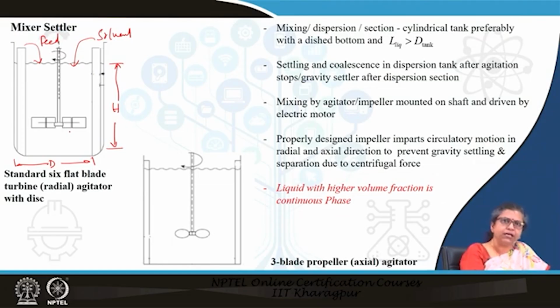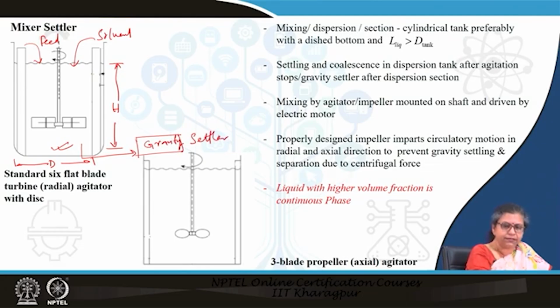Quite often the mixing and the separation occur in the same tank. After the mixing is over, the settling happens. It can also happen that after the operation, we take the mixture into a gravity settler, and in this gravity settler the two phases get separated by gravity.